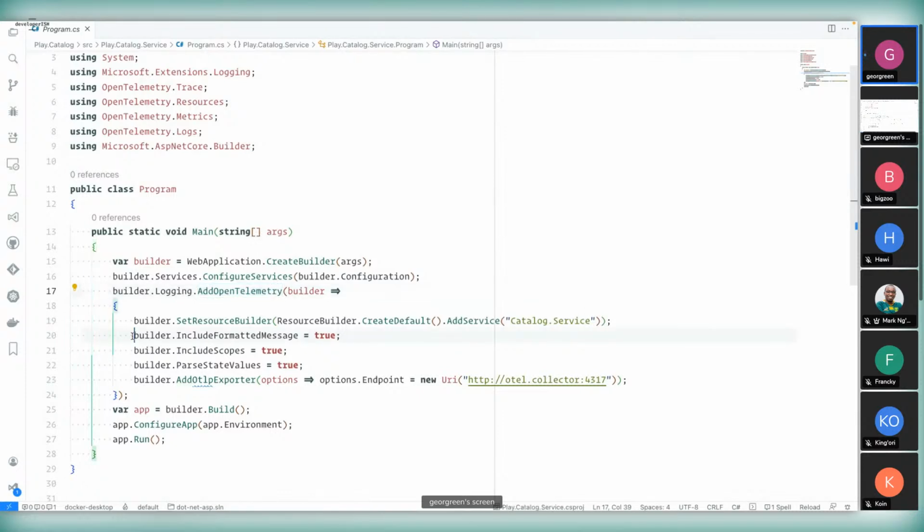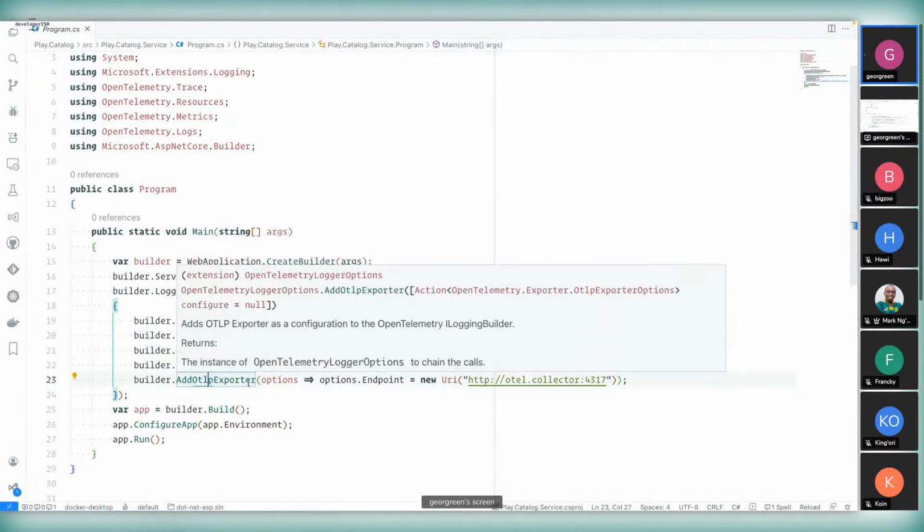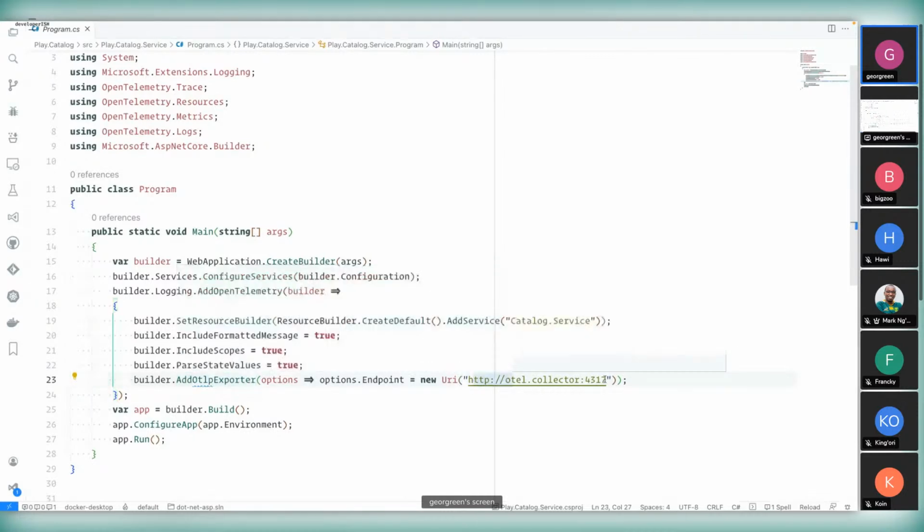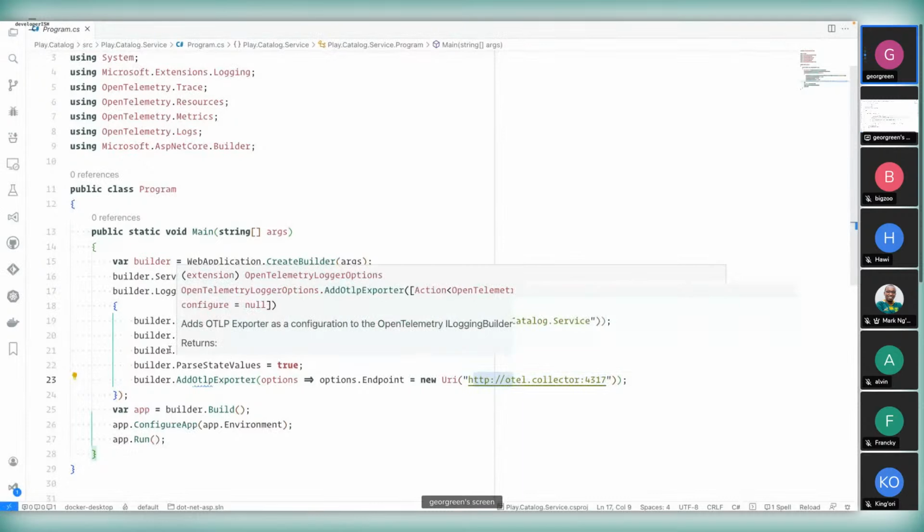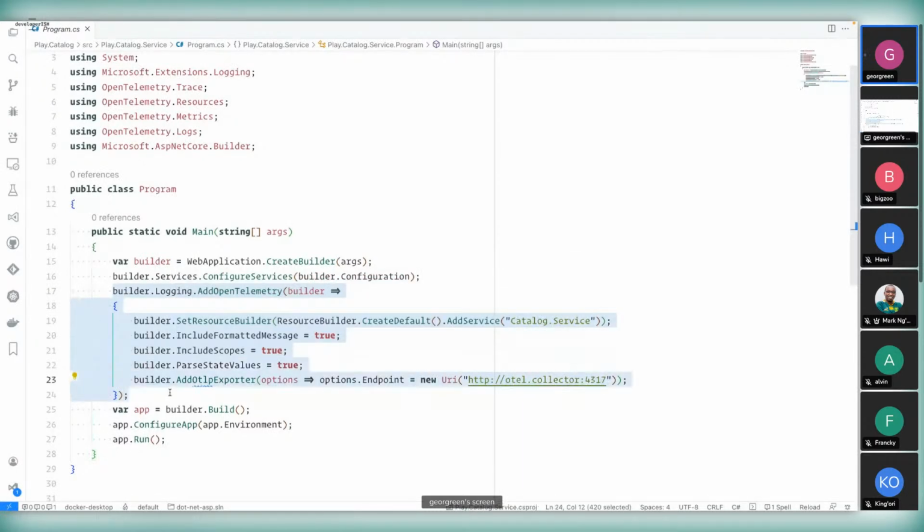Some of these are just fancy ways to make sure I capture everything, but essentially, we're using the builder pattern here, and all I have to say is add an exporter, and this exporter, which is a service that can receive telemetry, is on this URL. As easy as that. I don't know if you have ever tried to add other SDKs into your application, but I would say this is one of the easiest, in my opinion. So this is how you add logs. It's a simple one-liner, and you don't have to do a lot to get logs from your application.